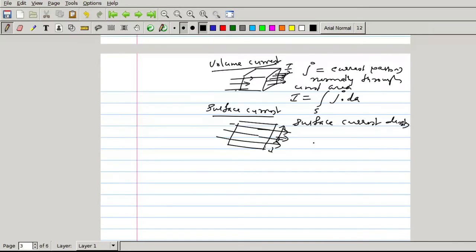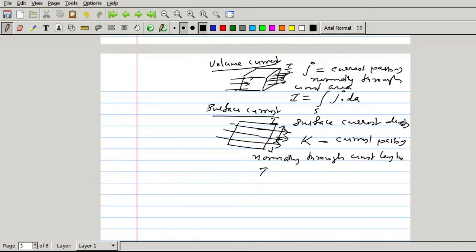Surface current density is represented by the letter K. So K is the current passing normally through unit length.